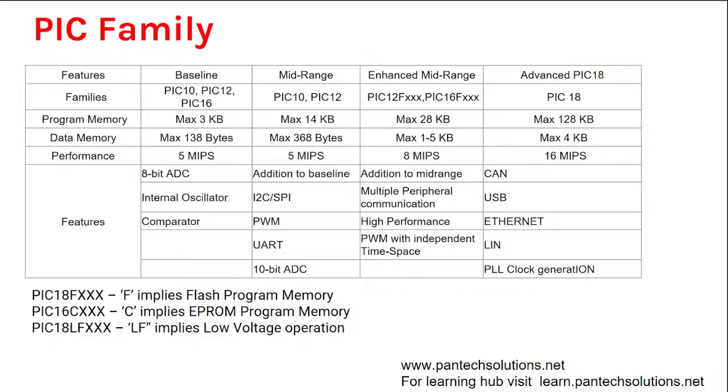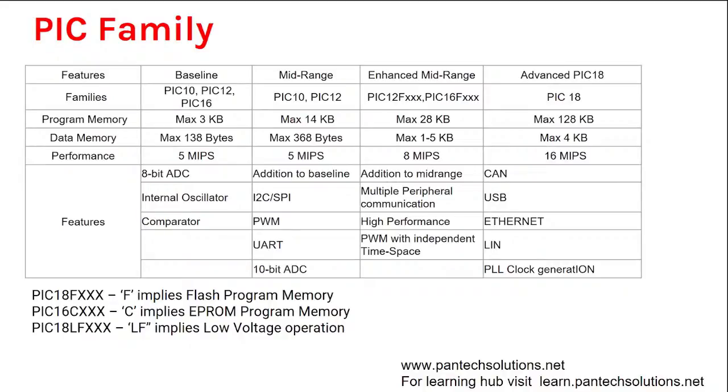Okay, whereas the advanced PIC series has controller area network, USB, Ethernet, LIN. CAN and LIN are for automotive applications. Okay, and PLL for clock generation, which could boost the clock source.